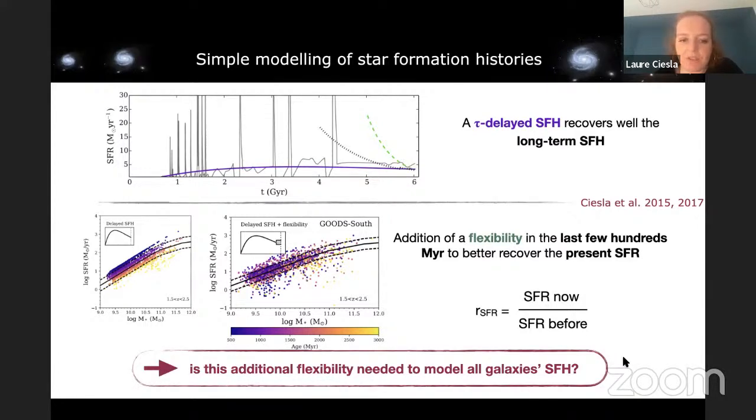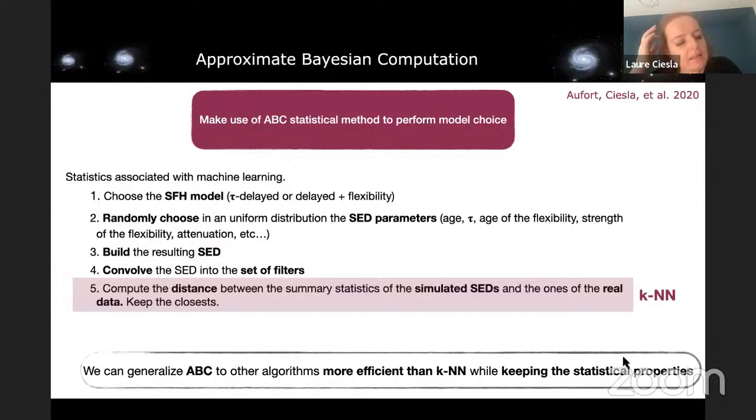So this is one question that we wanted to ask. And to do this, we collaborated with a statistician of a mathematical laboratory that is close to ours, that is specialized in what they call approximate Bayesian computation. I will explain quickly, but it's a method they used for other fields, like biology, when they studied genetics of population.